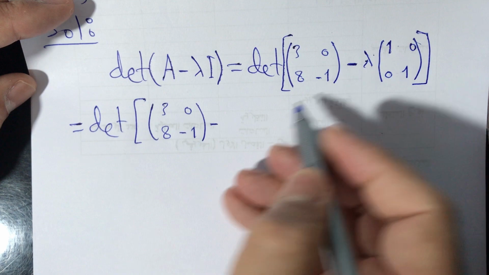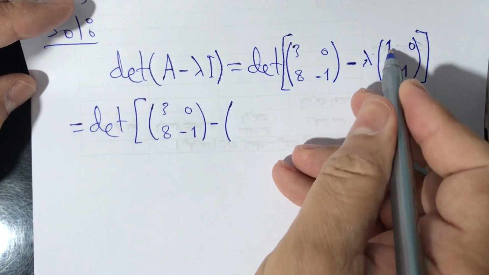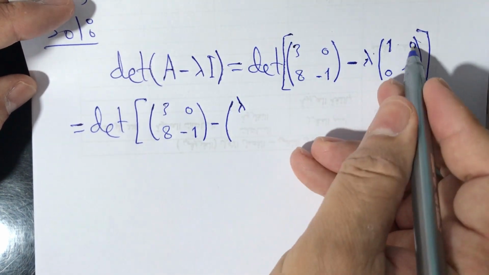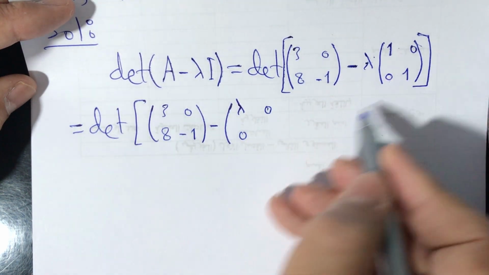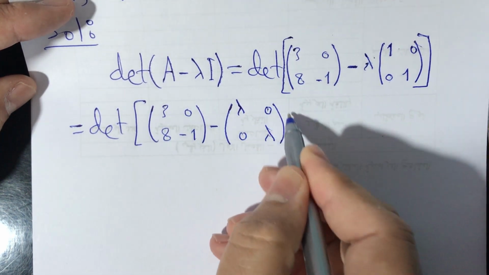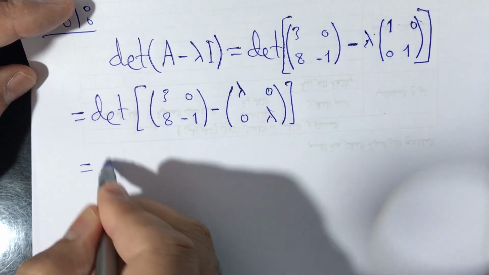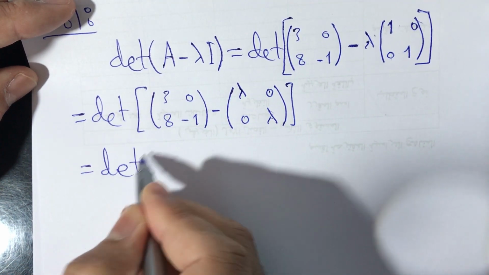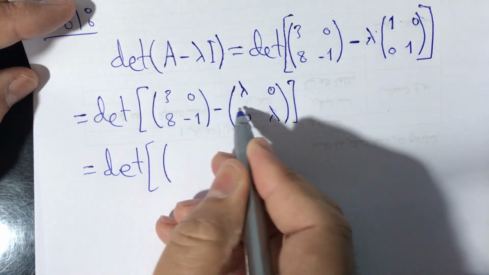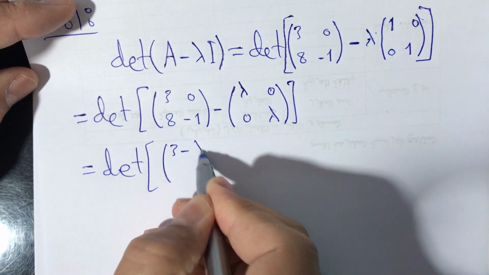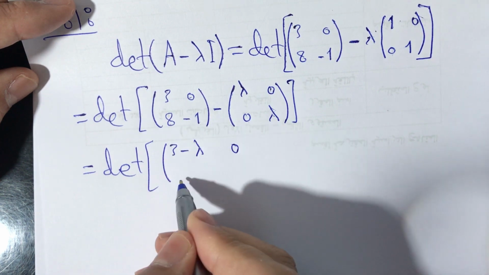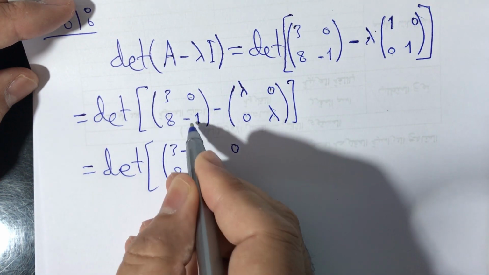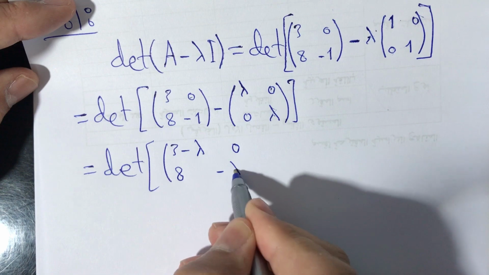Lambda times this matrix gives lambda, 0, 0, lambda. Subtracting, we get the determinant of the matrix 3 minus lambda, 0 minus 0, 8 minus 0, minus 1 minus lambda.